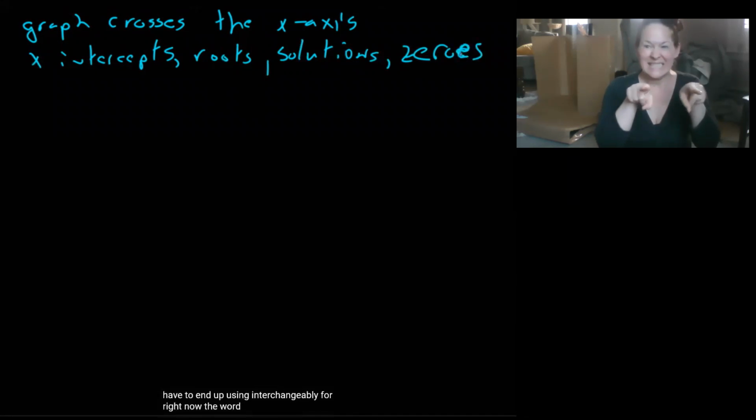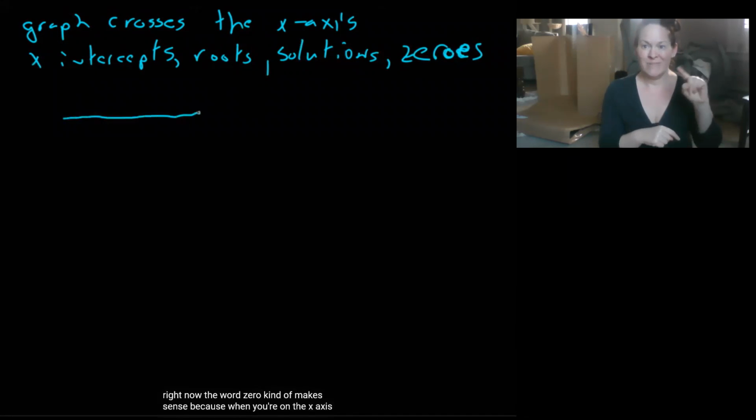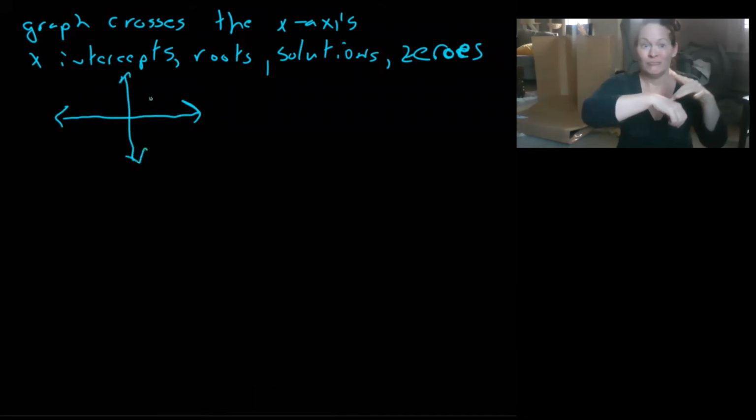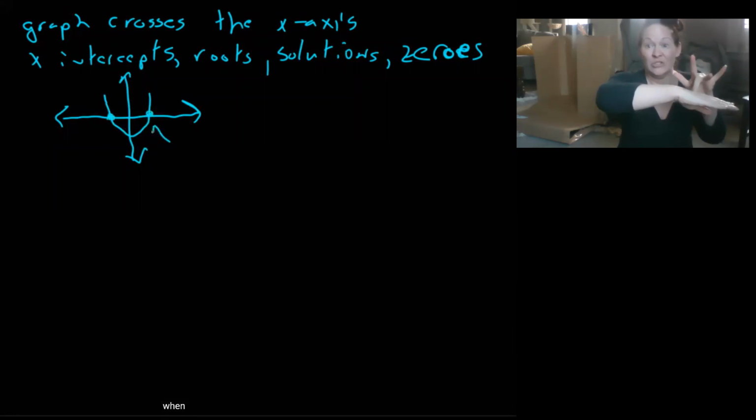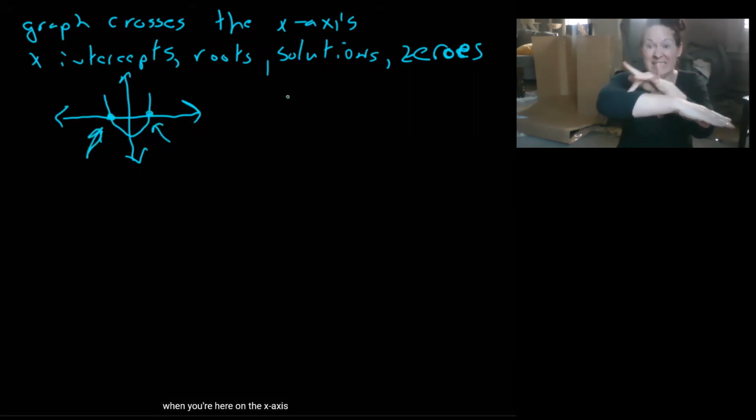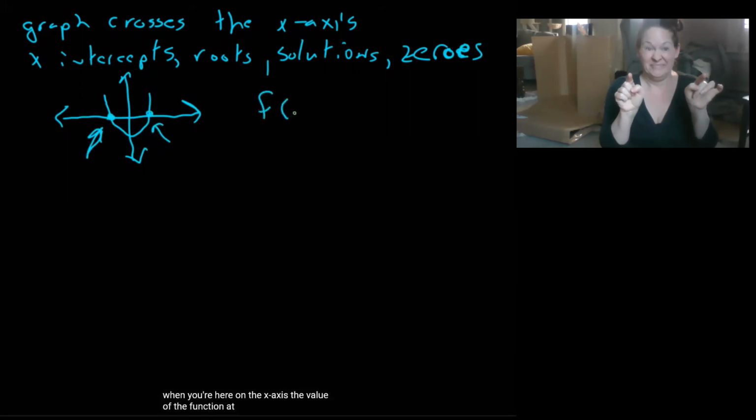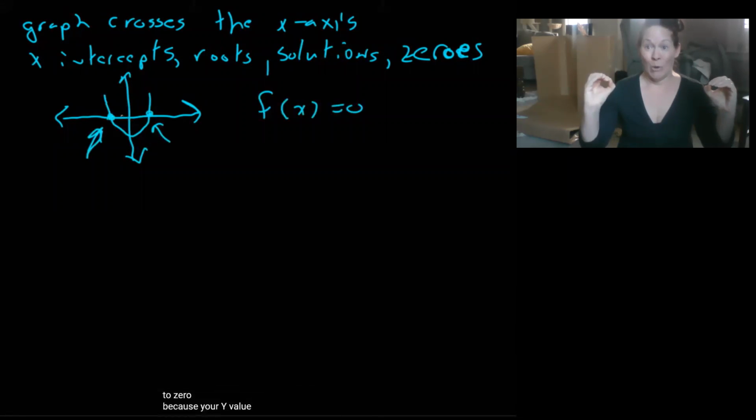For right now, the word 0 kind of makes sense, because when you're on the x-axis, the value of the function at those points is equal to 0, because your y value is at the 0.